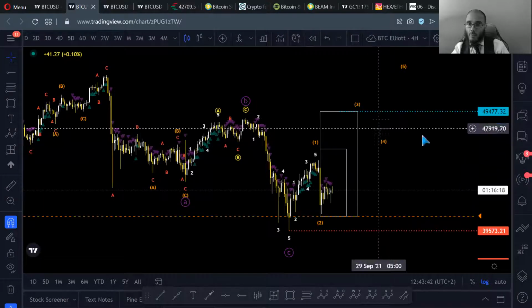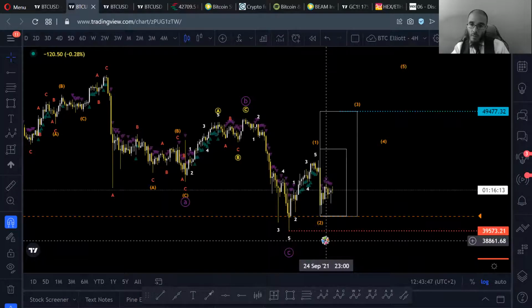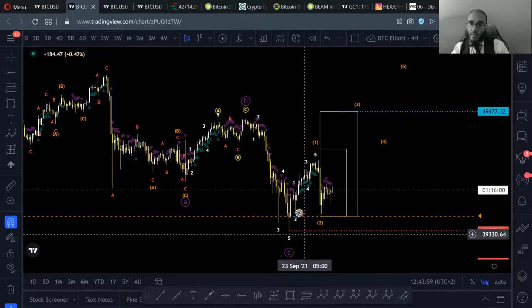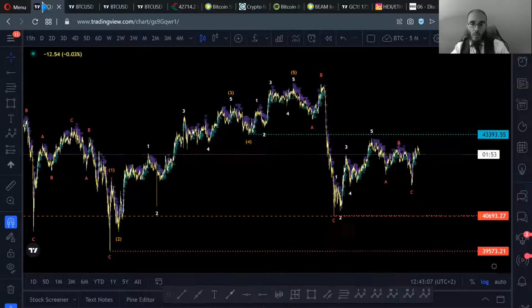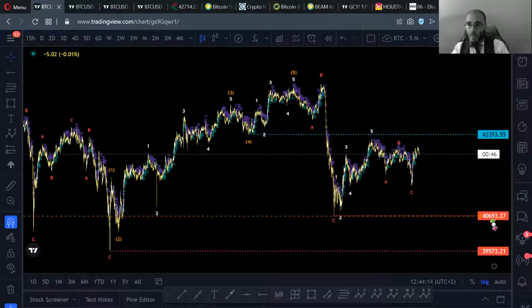But our first target is 49,477, and our stop loss is still on this chart at 39,573.21, unless you consider that wave 2 is over, and then you can move it up to that level. It's the same level as I told you on the 5-minute chart: 40,693.27.